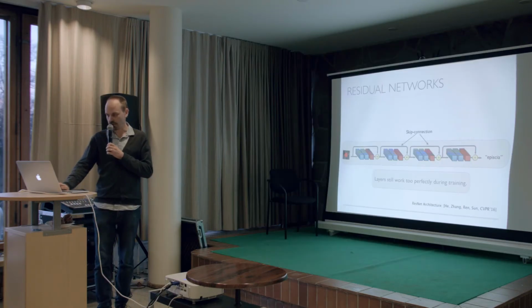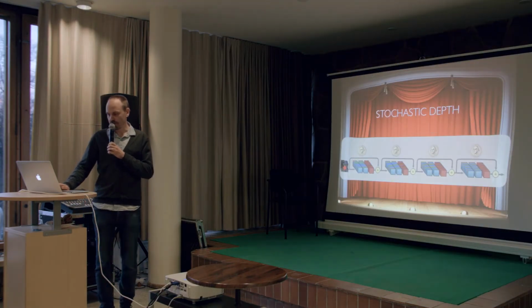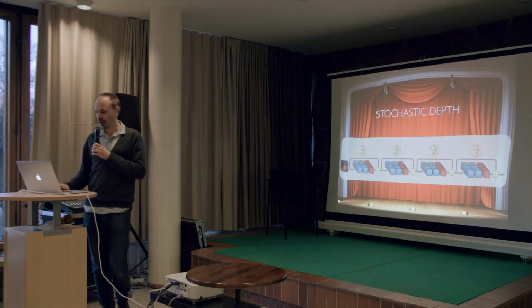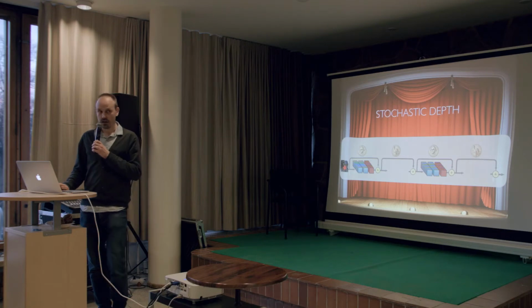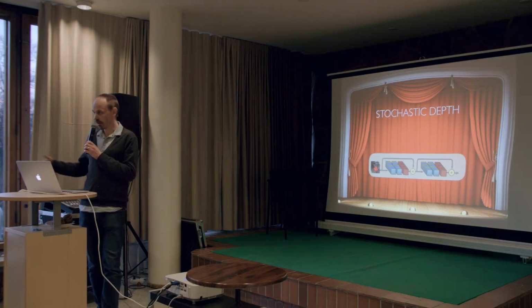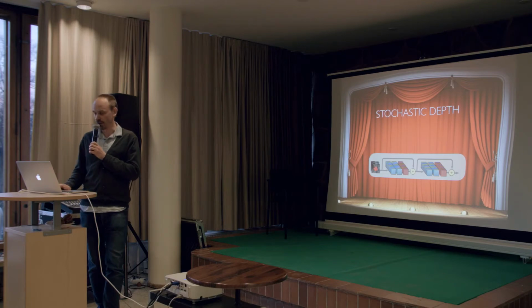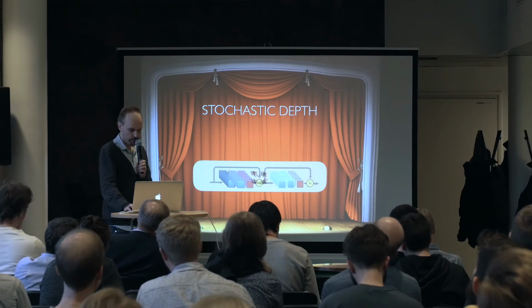So the idea of stochastic depth is that for each of the layers we flip a coin, and if it's heads we keep that layer, and if it's tails then we remove that layer, and we then train the network using just the layers that are left.